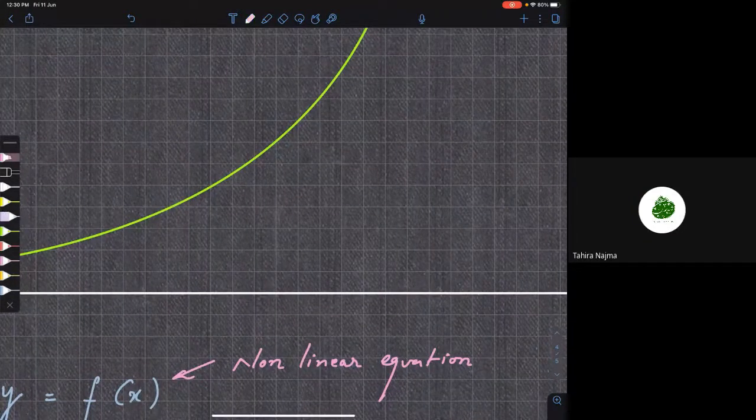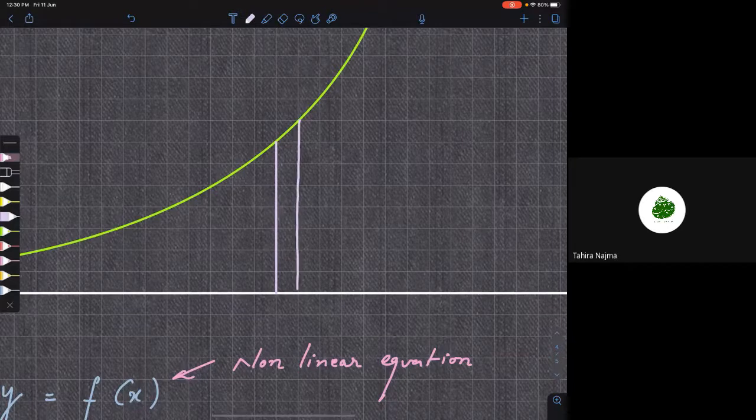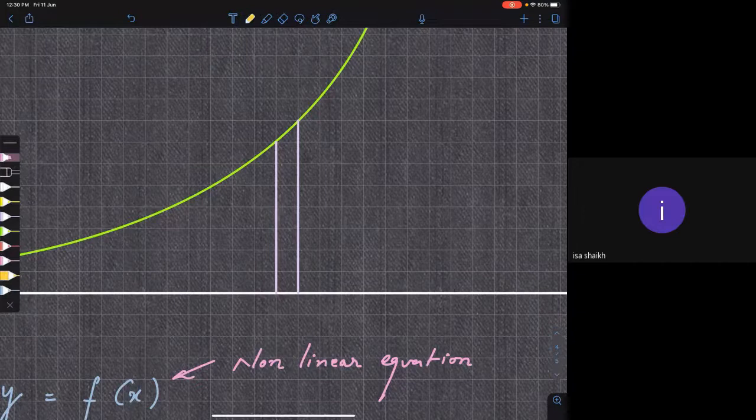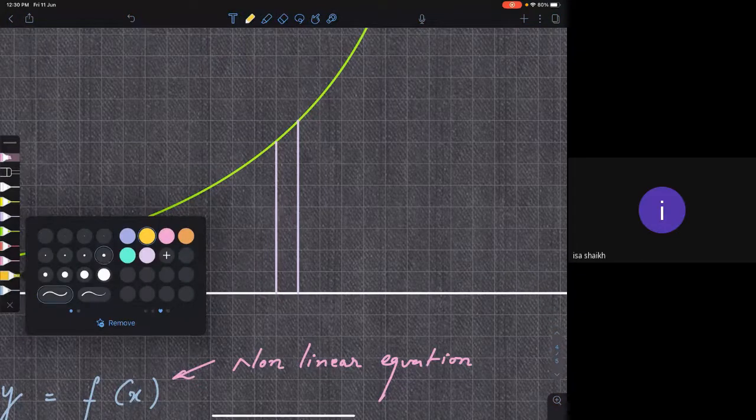Now suppose I take a small part of the curve. Can you see the section I have taken? It is a straight line.